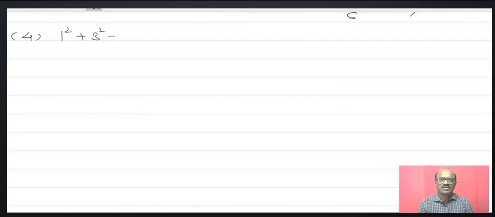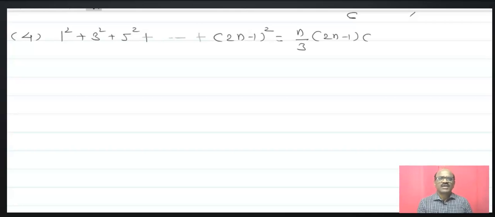Now the next example, number 4. 1 square plus 3 square plus 5 square plus ... plus (2n minus 1) in bracket square is equals to n upon 3 (2n minus 1) into (2n plus 1). Here the last term we have given here.